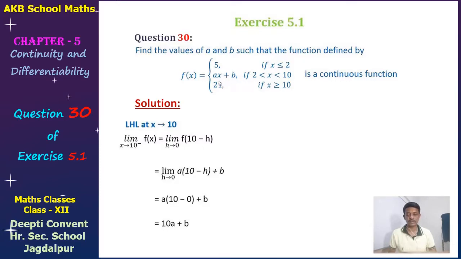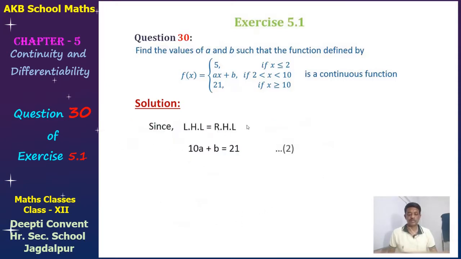Here ax plus b, with x meaning 10 minus h. Now put h equal to 0. So 10a plus b is the left hand limit. Now the right hand limit, x tending to 10. On the right side the value of the function is 21, so this is equal to 21. This is the left hand limit, this is the right hand limit. Also the function is continuous at 10, so these should be equal.